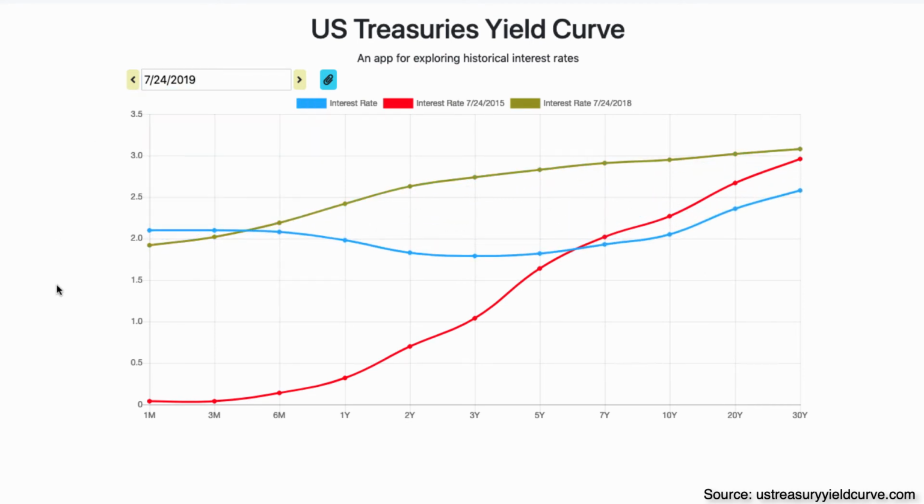And now this is approximately where we are. The yield curve, at best you could call it flat, but there's a little bit of an inversion going on there. So will the usual cycle of a recession happen?